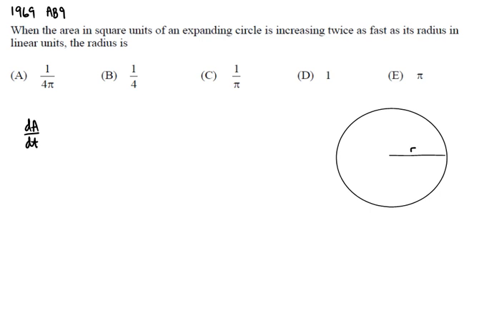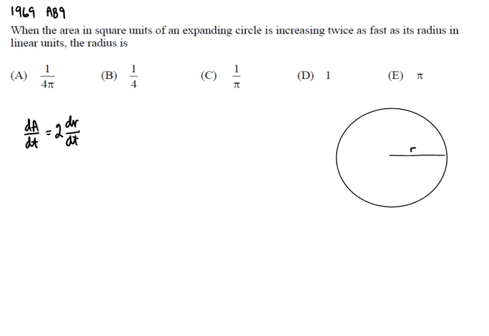The rate of change of the radius would be dr/dt, and so we have this identity that dA/dt is equal to 2 dr/dt. When that is the case, we want to find out what the radius is.